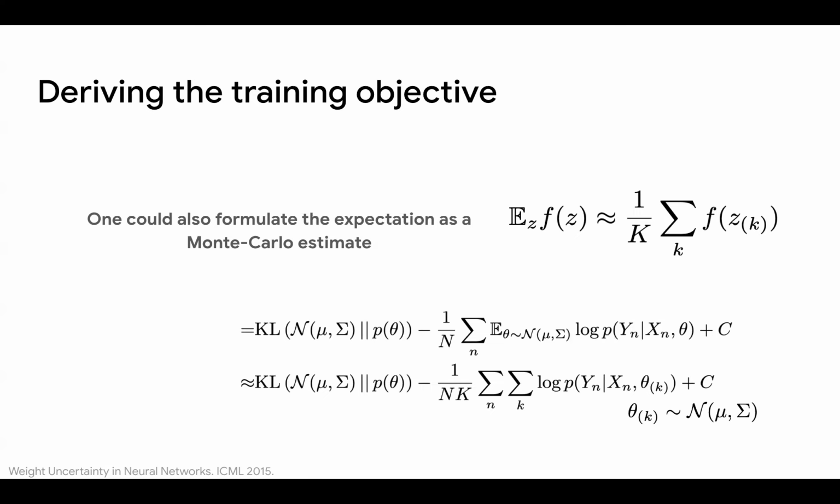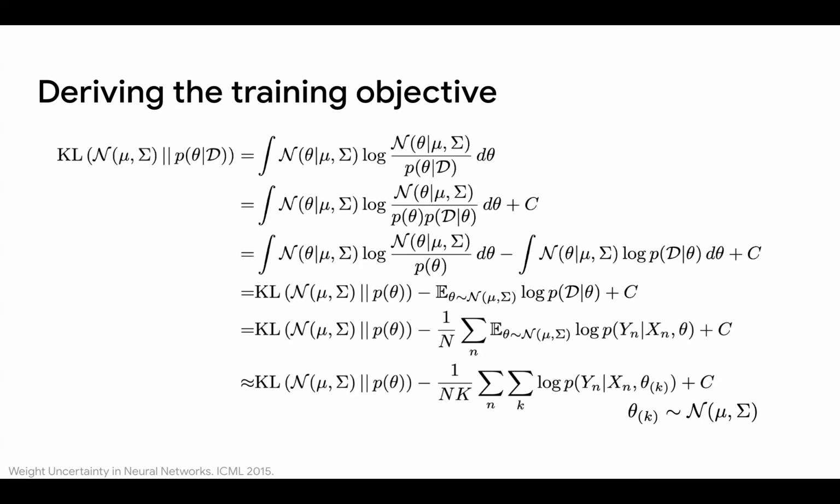In fact, we go even more crazy and usually take K equal to 1 when you train models. But that's probably fine because we are averaging across different iterations of the gradient descent. We're doing SGD anyways, so why not introduce a few more approximations of the expectations? Okay. So that's what we do.